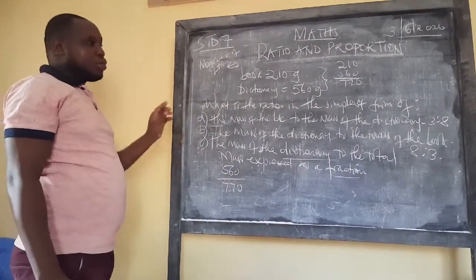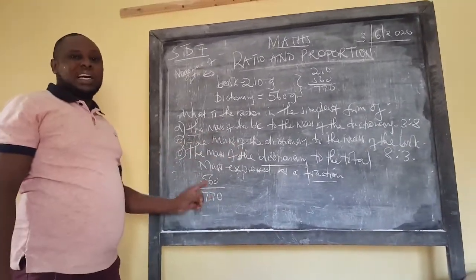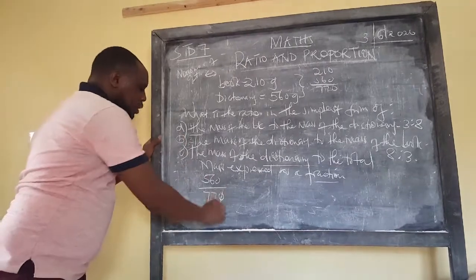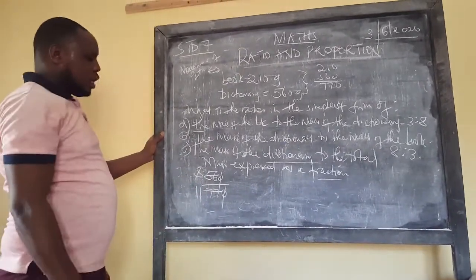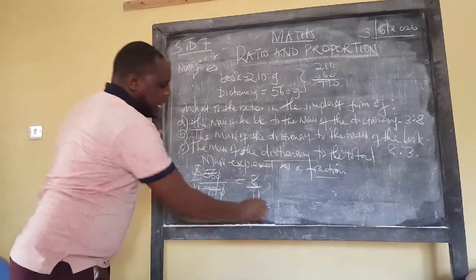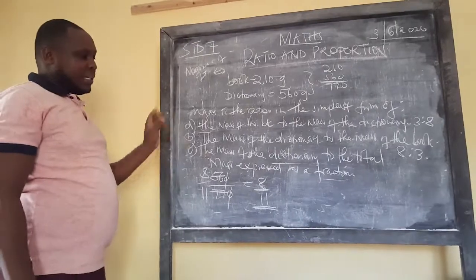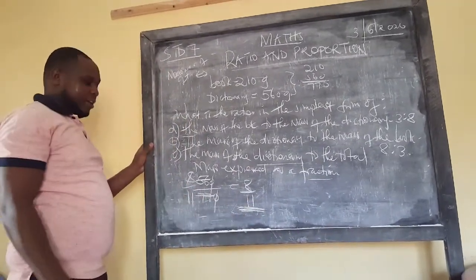Because we are told the mass of the dictionary over the total, that should be expressed as a fraction. This will cancel by 7, 8, by 7, 11. So that will be 8 out of 11 as a fraction. You leave it as a fraction in this case.